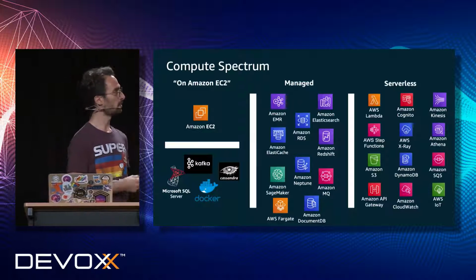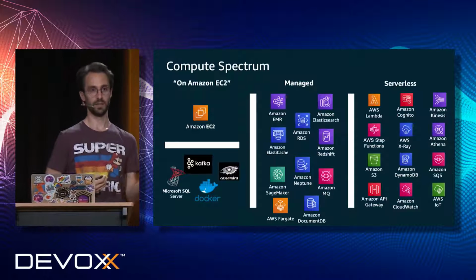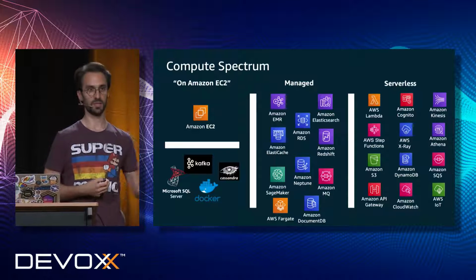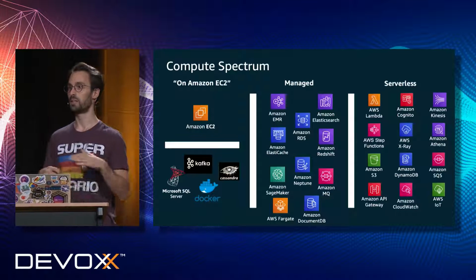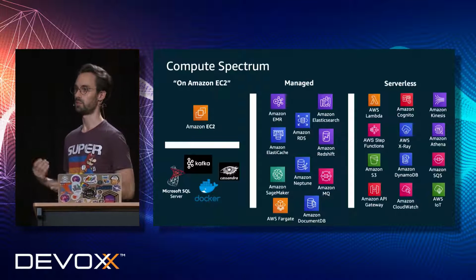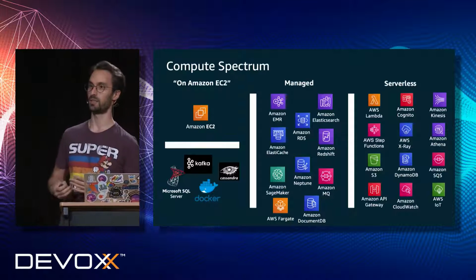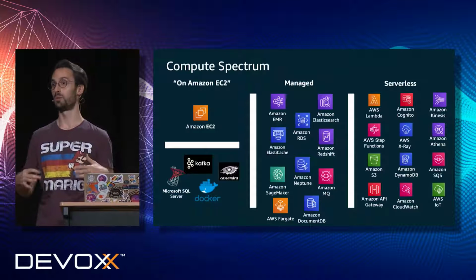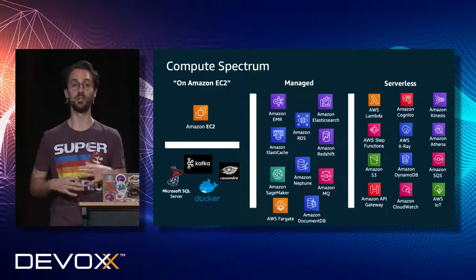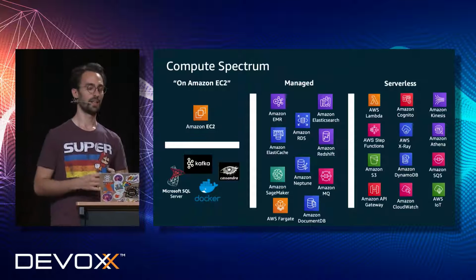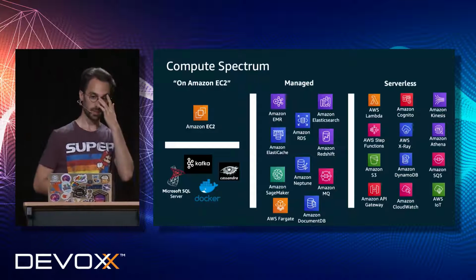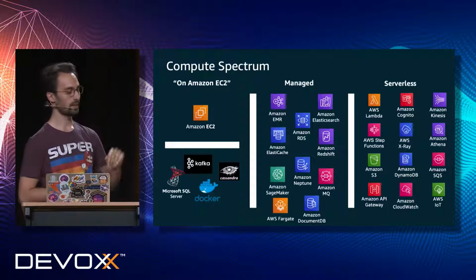On the right-hand side, you have the fully serverless services that allow you to really stop thinking about servers, machines, operating system maintenance, patching, and all those things, because there's no server, there's no cluster, there's no container even that you need to take care of. So that's the big difference.